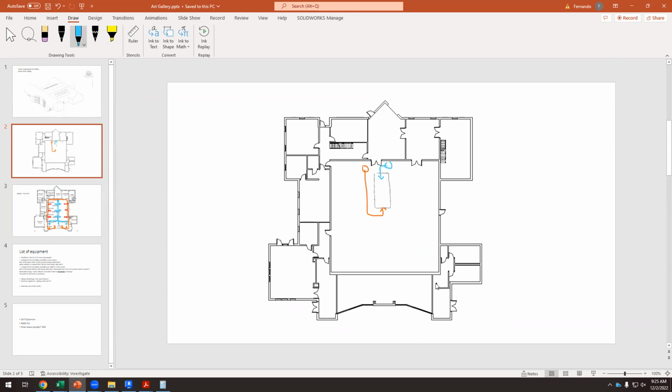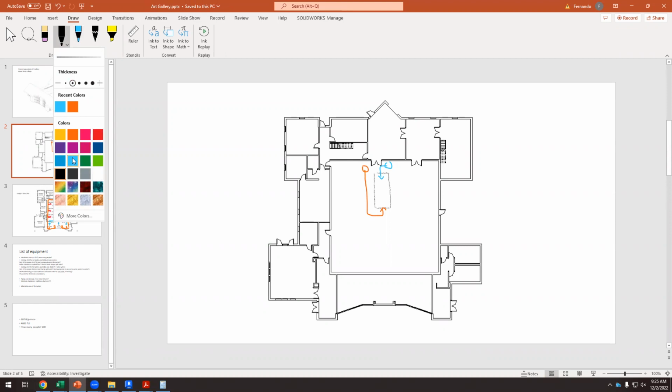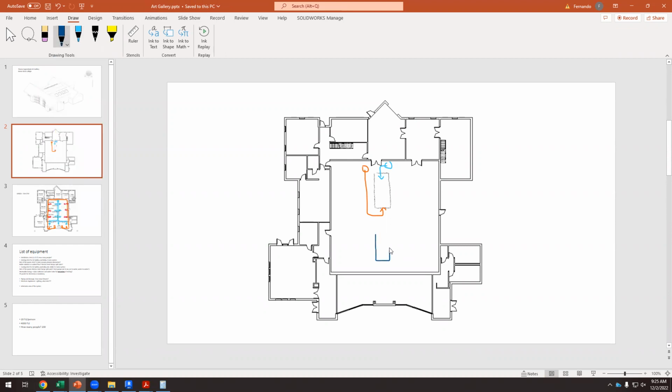So I need an air handling unit like that. Then what else? I need either a chiller or a heat pump. Okay, so this can be the chiller.